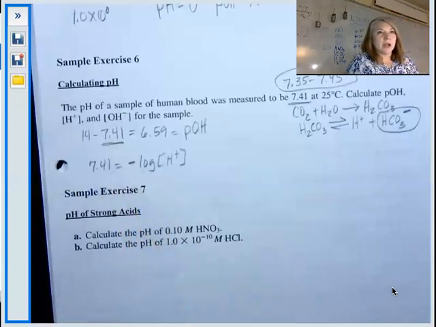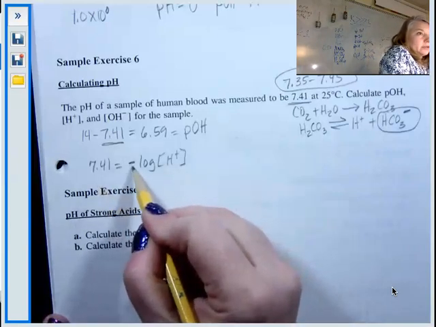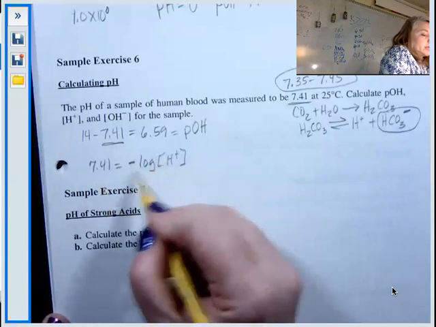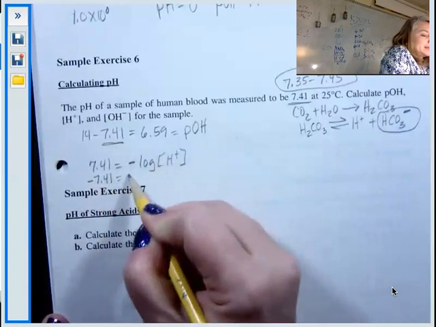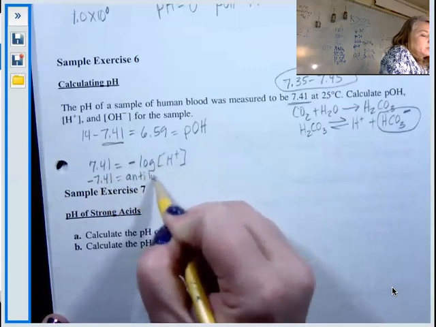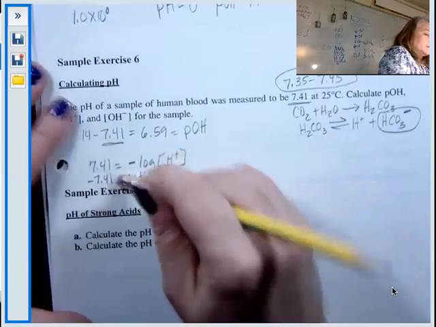All you do with your calculator, since we're advantaged to have those, is hit second log. It's called the anti-log. But we have to deal with this negative sign here. Actually, let me get rid of this and try again.